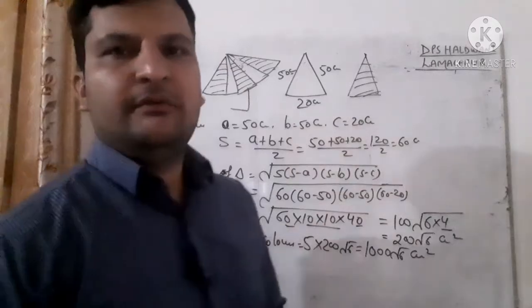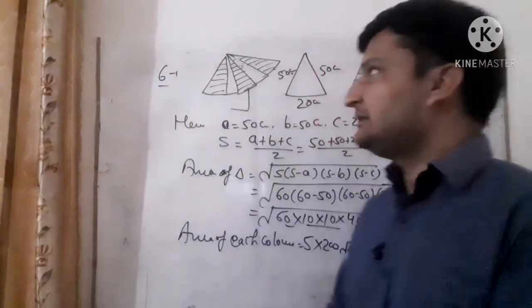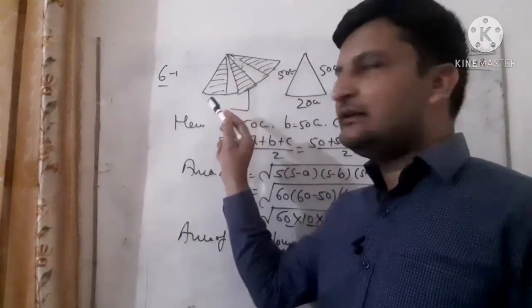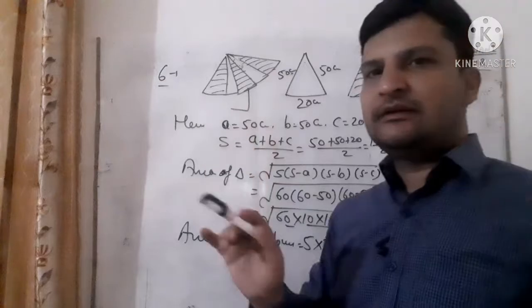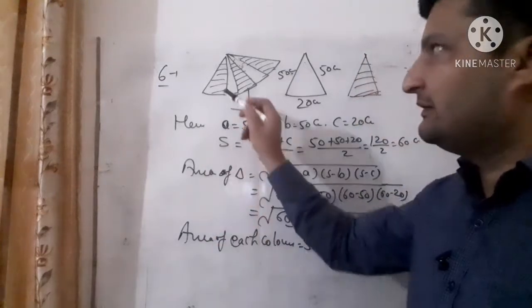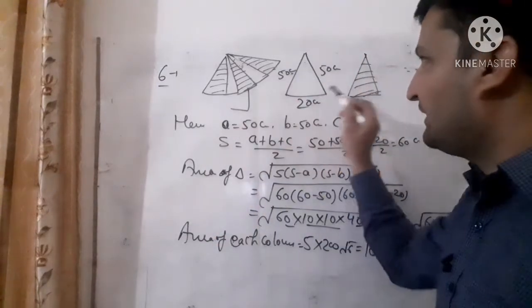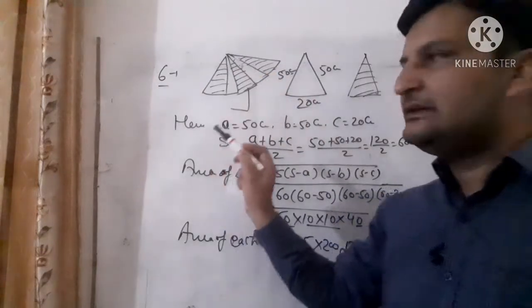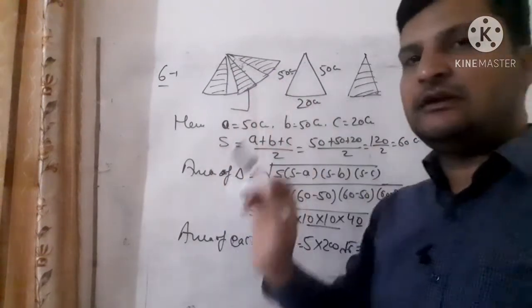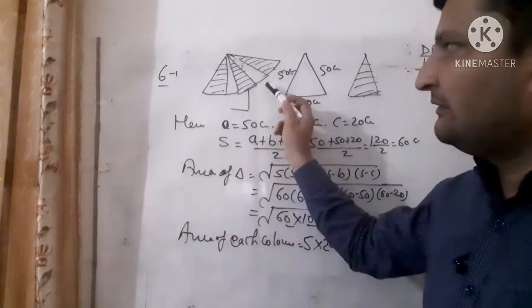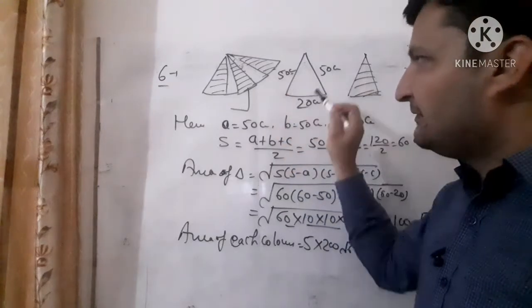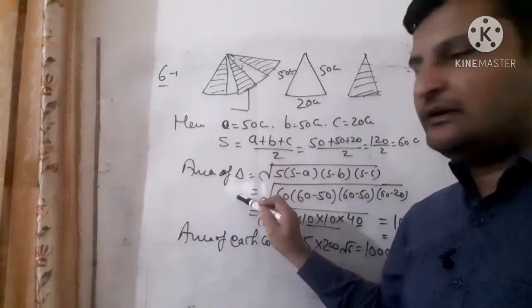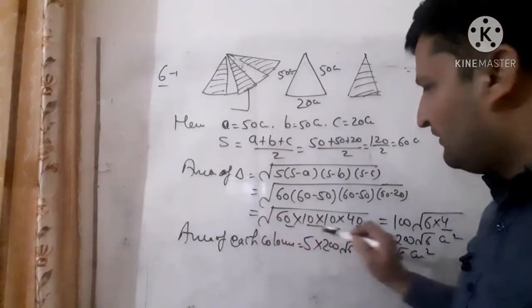So student, what we have done in this question? It is given that an umbrella is like this. 5 triangular pieces are of shaded region and 5 are of unshaded region. So I have made 2 triangles like this. We have to find the area of each color. Sides are given, so we have used Heron's formula and found the area of one triangle.